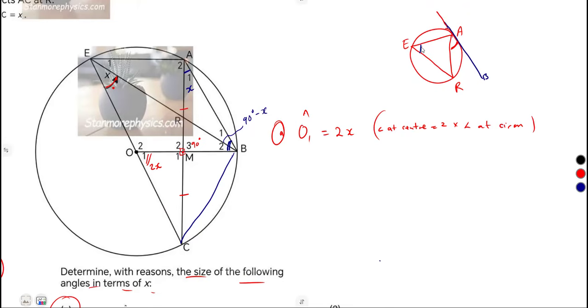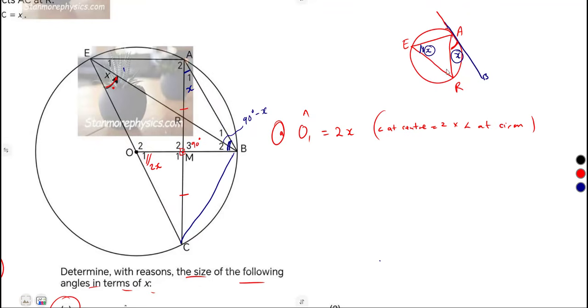So, can we prove something about angle E1 and BAR, or BAC? Can we prove that these two are equal? Remember, BAR is X. So can we prove that angle E1 is also equal to X?